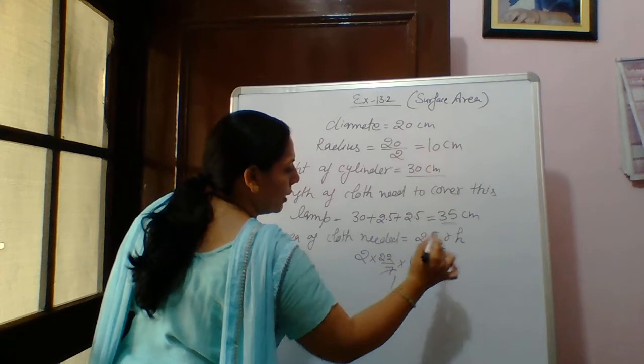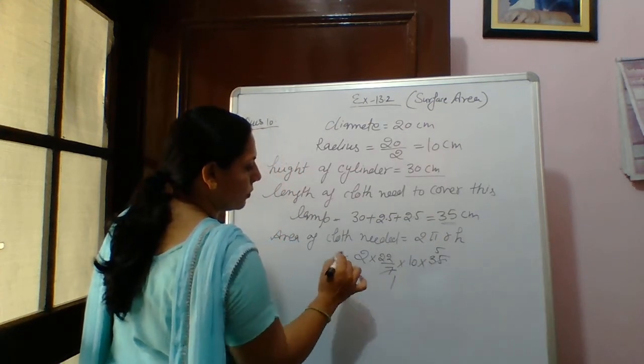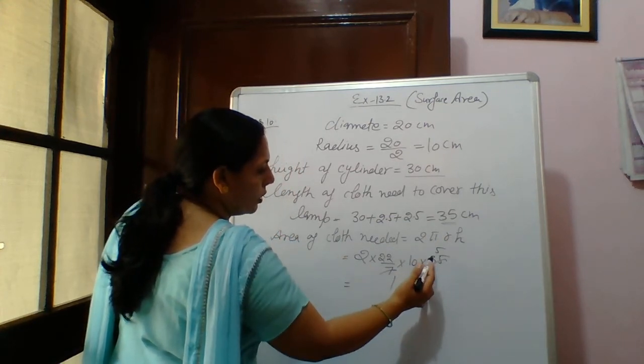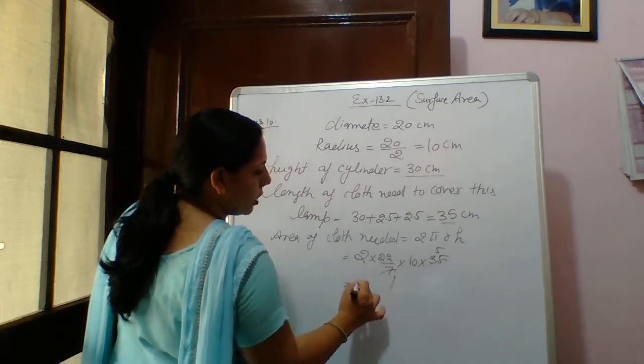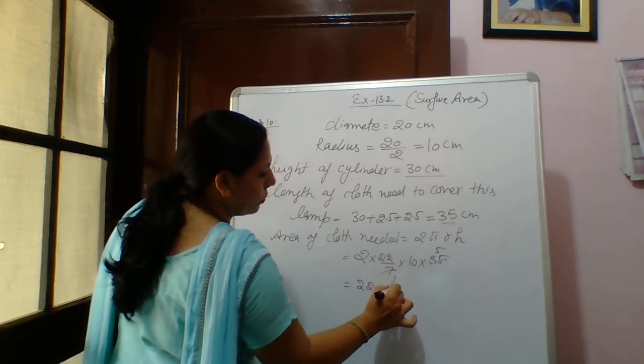You can multiply all these terms, and you can write here 2200.